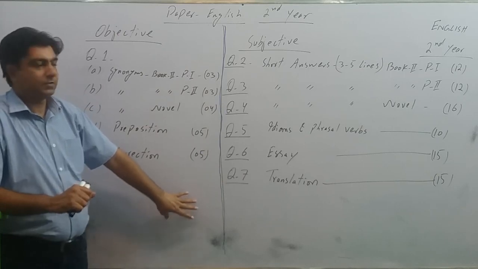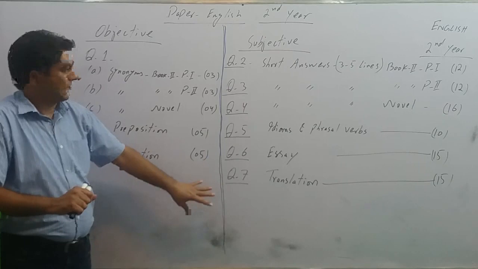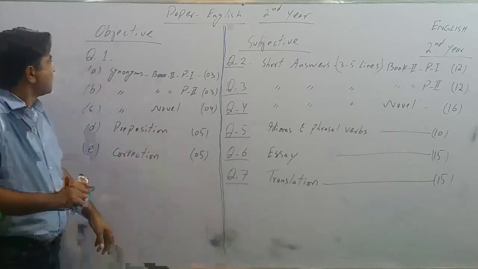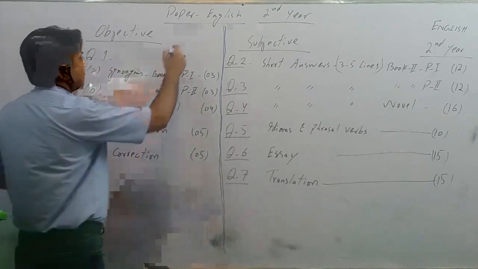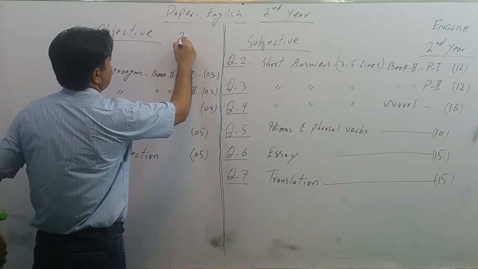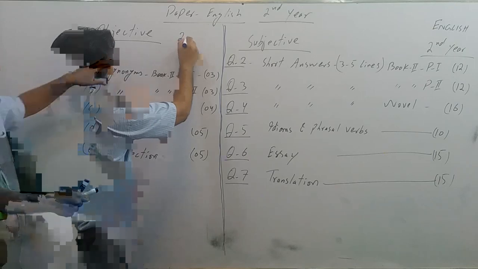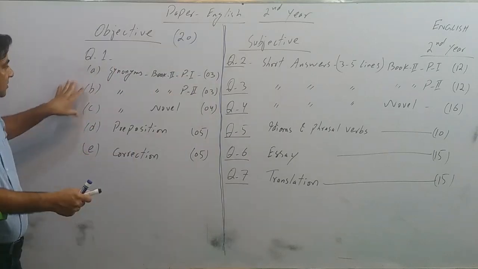This is the pattern for intermediate and FA classes according to the Punjab textbook board. First, it is objective. In total there is only one question, but it has further got 5 parts.